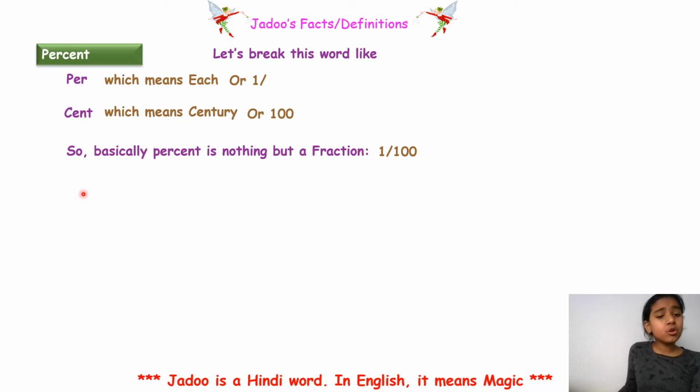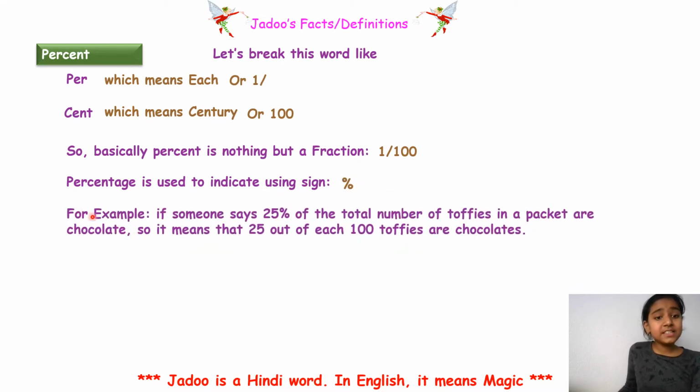As you already know, percent is indicated using this sign. So let's take an example. If someone says 25% of the total number of toffees in a packet are chocolate, it means that 25 out of each 100 toffees are chocolate.